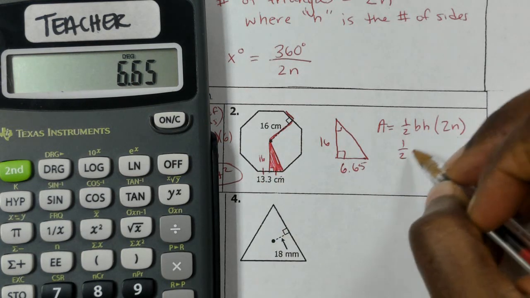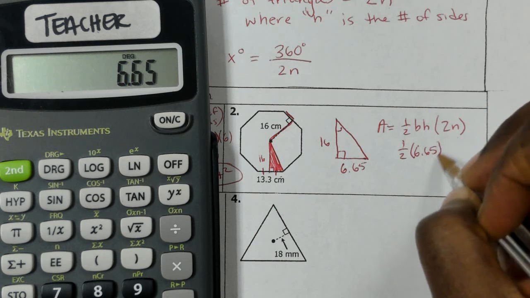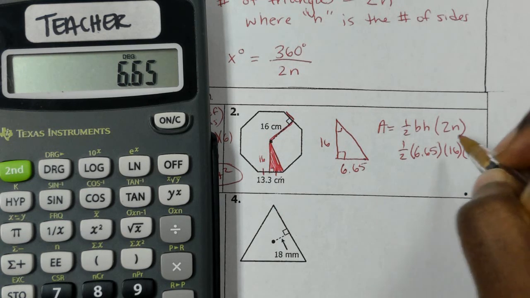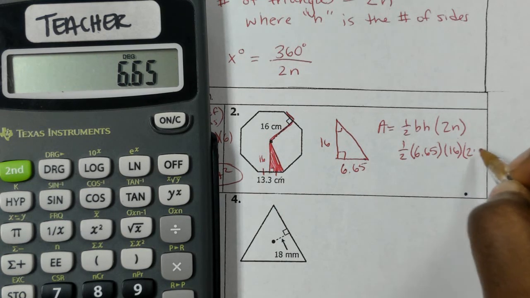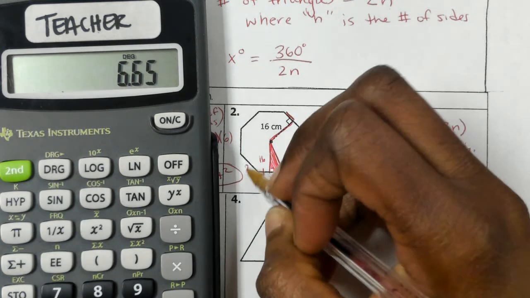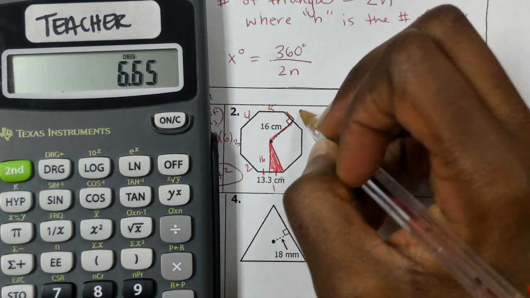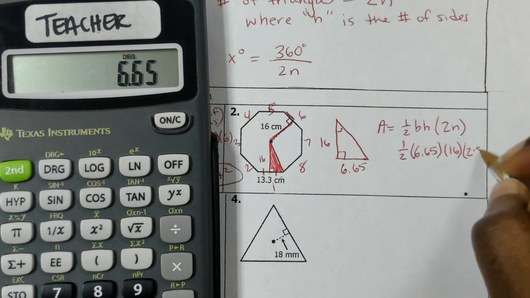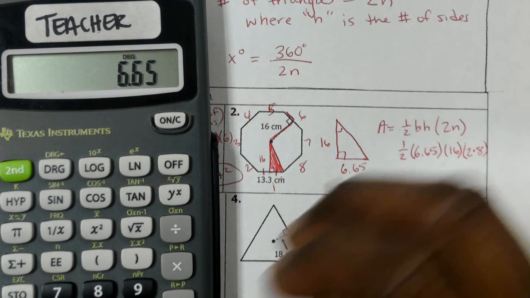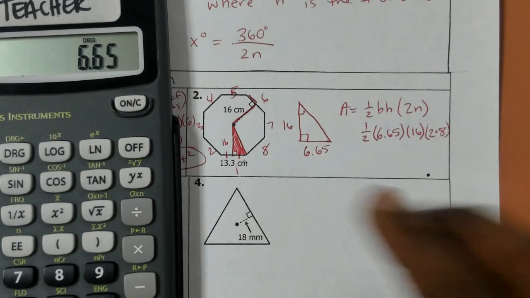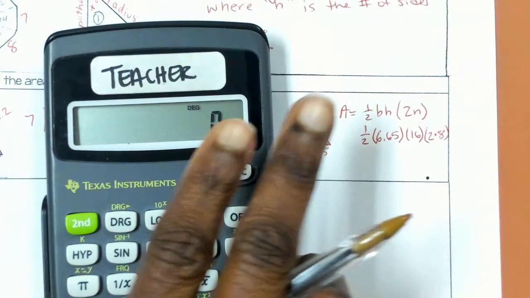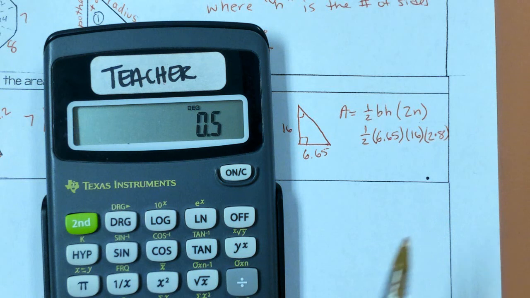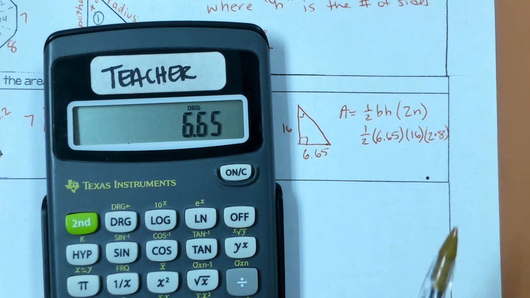So in this case, the base is 6.65, the height is 16, and 2 times the number of sides: there are 1, 2, 3, 4, 5, 6, 7, 8 sides. So 2 times 8. Okay, so that's what I'd be plugging into my calculator. 0.5 times 6.65 times 16 times 2 times 8 equals.